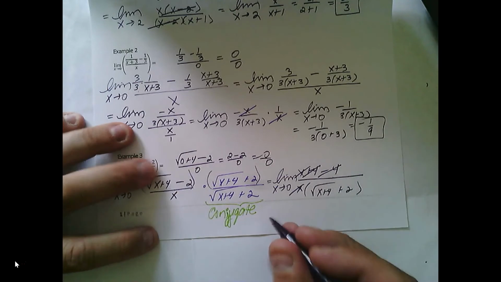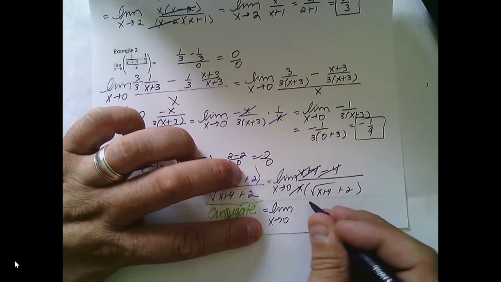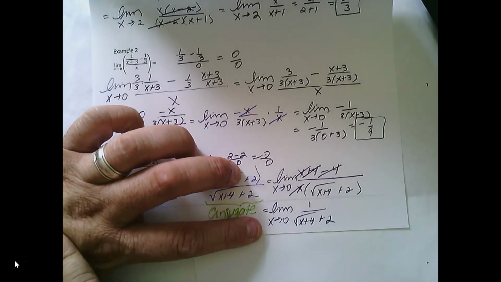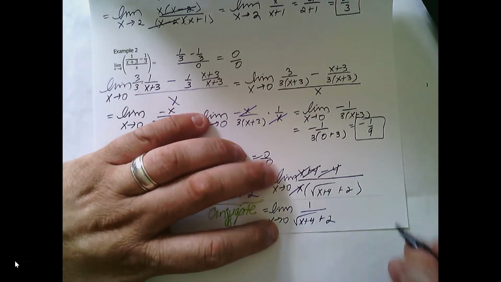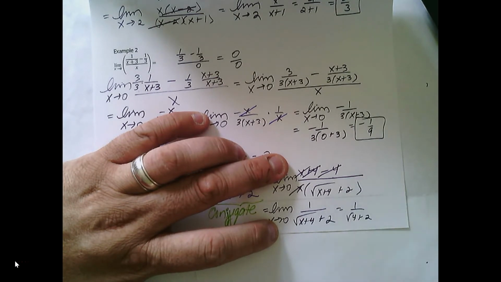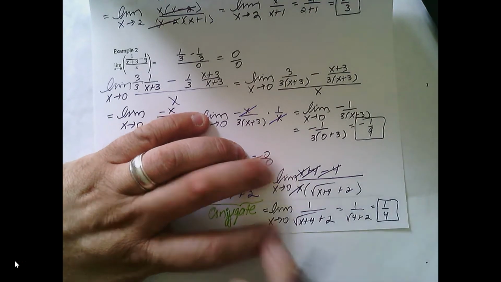Common factors can cancel out. And now you have the limit as x approaches 0 of 1 over square root of x plus 4 plus 2. Evaluate at 0, try your direct substitution again. You're going to get 1 over the square root of 4 plus 2, which is 1/4.